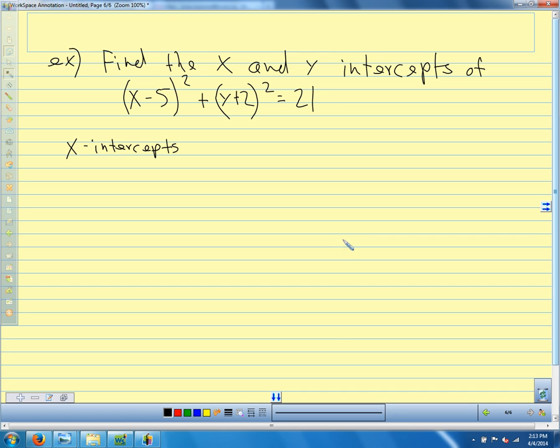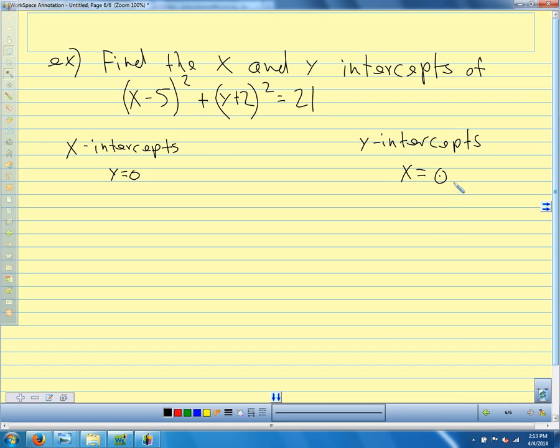Zero for y. The x-intercept is where it crosses the x-axis, so y equals 0. So we knew it had something to do with 0, right? How do we find the y-intercept? x equals 0. All right.